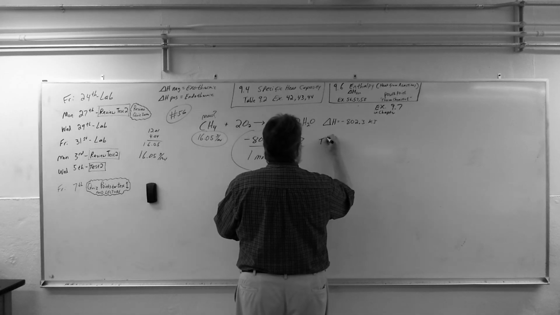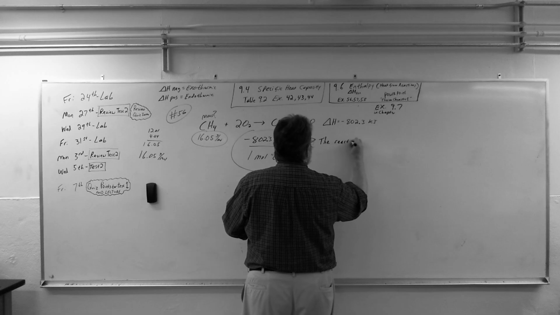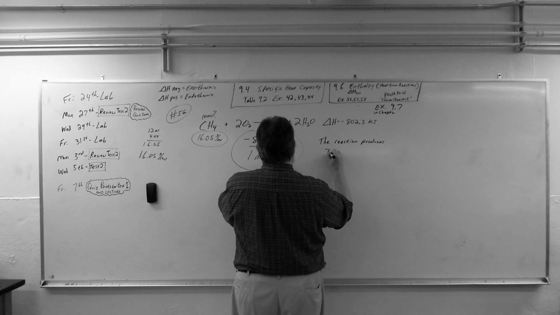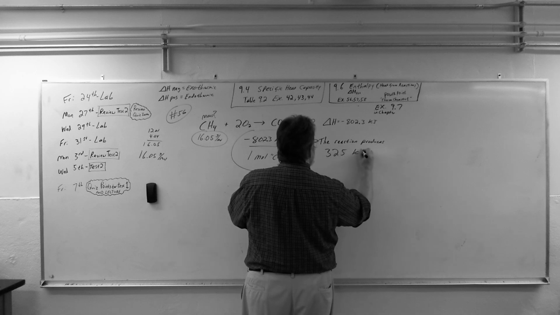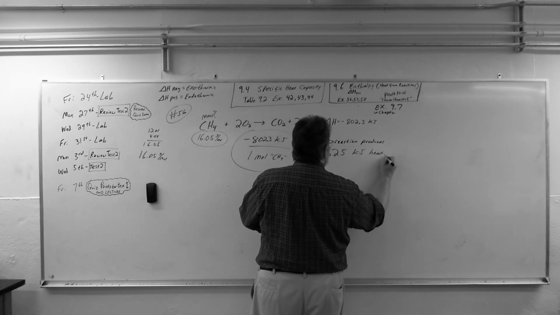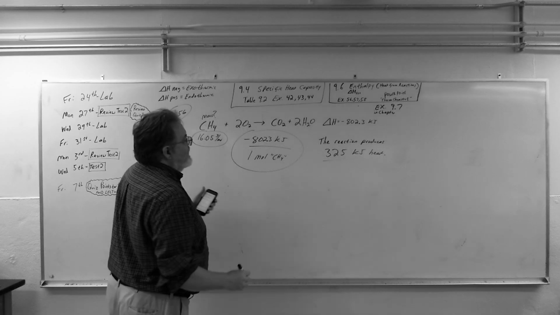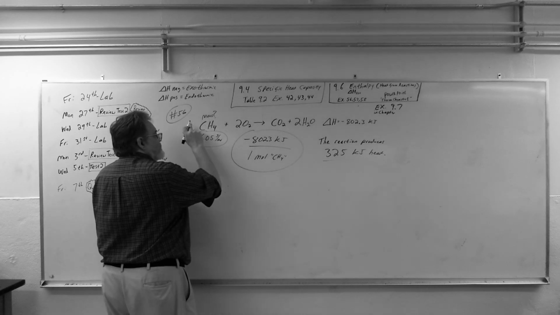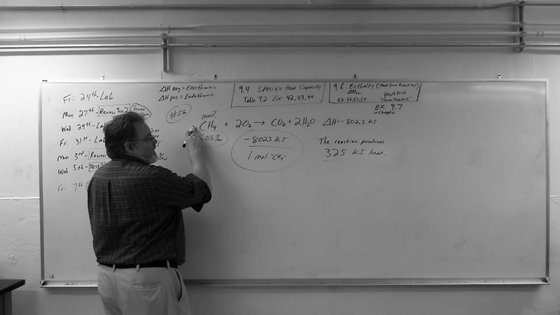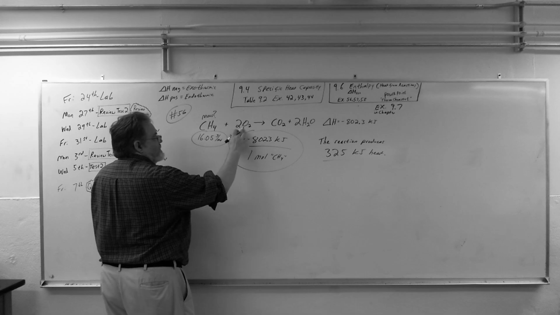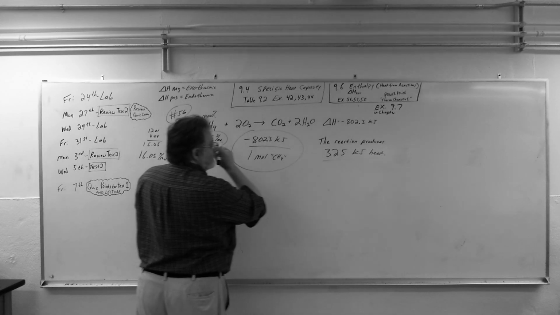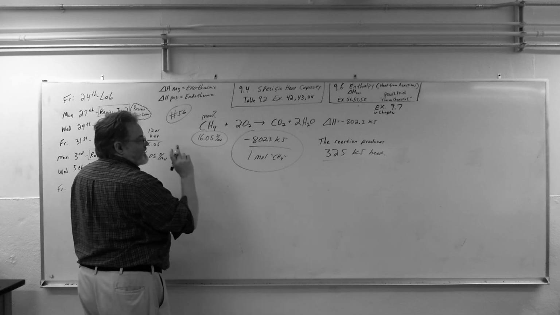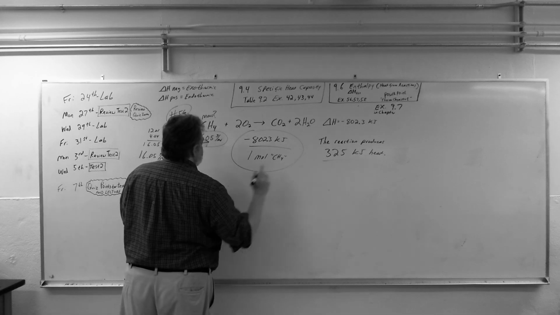So this is missing. That's how much. So it produces this much heat. That is, this much heat comes out of it when there's 1 mole of CH4. It's also true when there's 2 moles of O2, everything will be the same and it'll still be this. But it's saying mass. The mass isn't necessarily 1 mole, so we need this to help us.